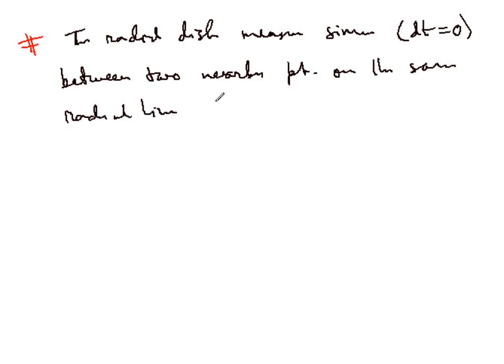That means the same radial line. What does this mean? It means d theta is equal to d phi is equal to 0. This is known as the proper distance.